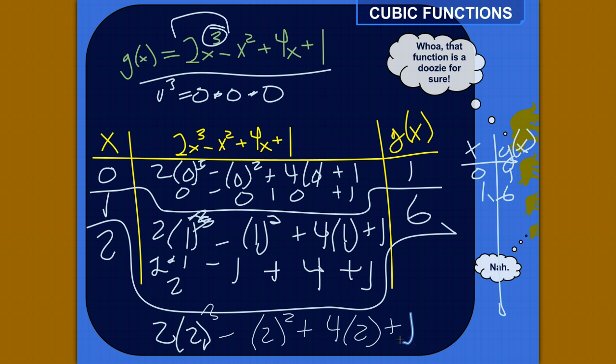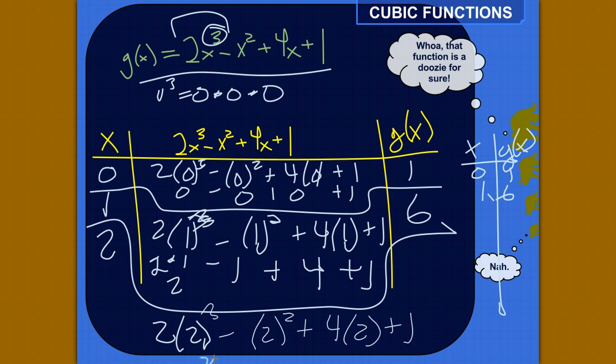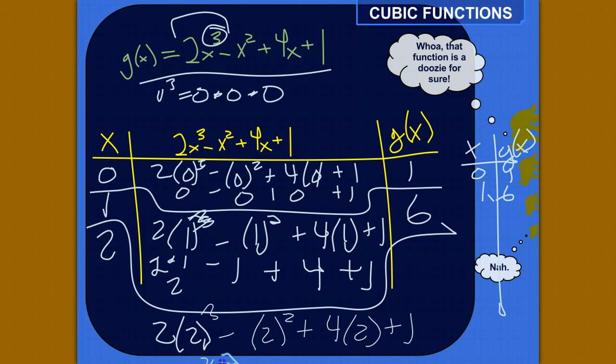So 2 cubed is 2 times 2 times 2, which is 8. 2 times 2 is 4, times 2 is 8. So what this becomes, I'm running out of room. Let's do the rest of this up here.